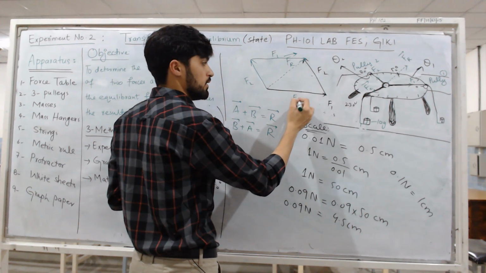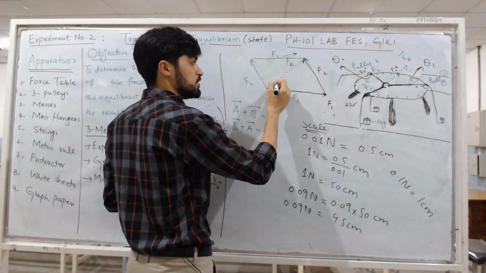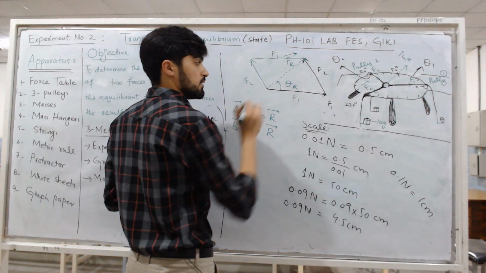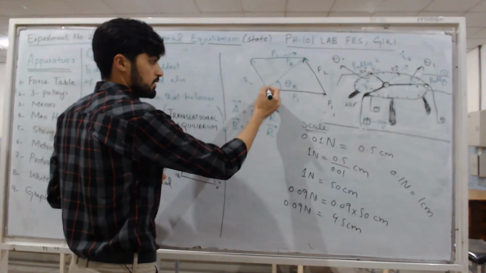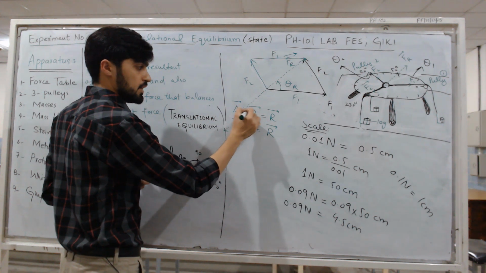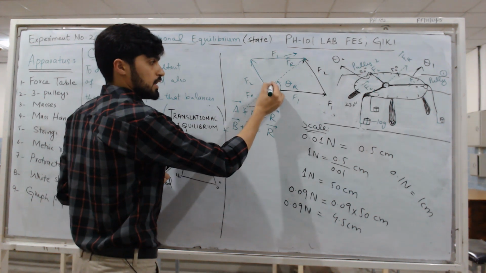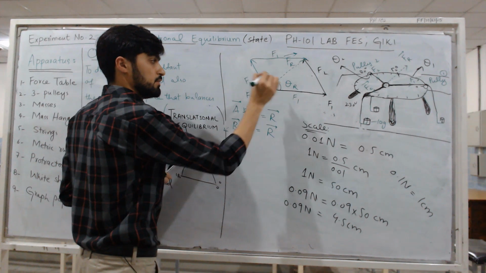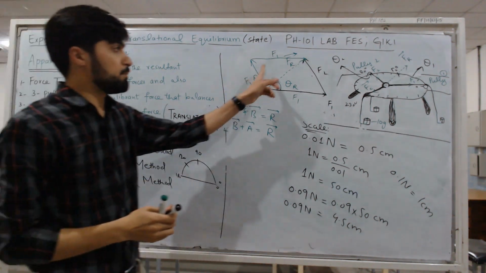F1 and F1 are parallel, F2 and F2 are parallel. This is your theta R, right? And here we will have an equilibrium force, F theta E. So this is making a parallelogram.